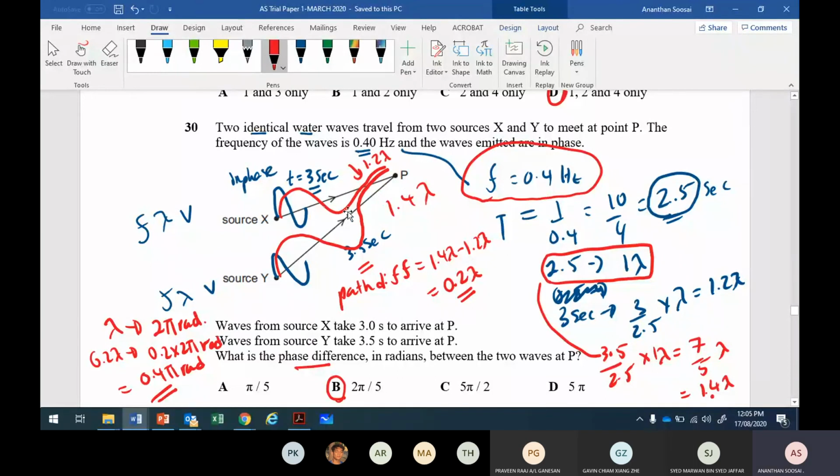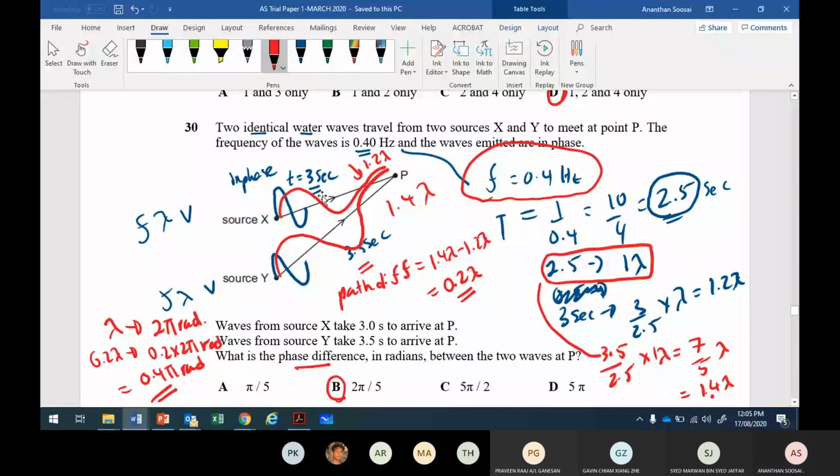You find how many wavelengths are in XP and in YP first. To check how many wavelengths in XP, you find the period. Frequency is 0.4, so period is 2.5. So 2.5 seconds is one wavelength.